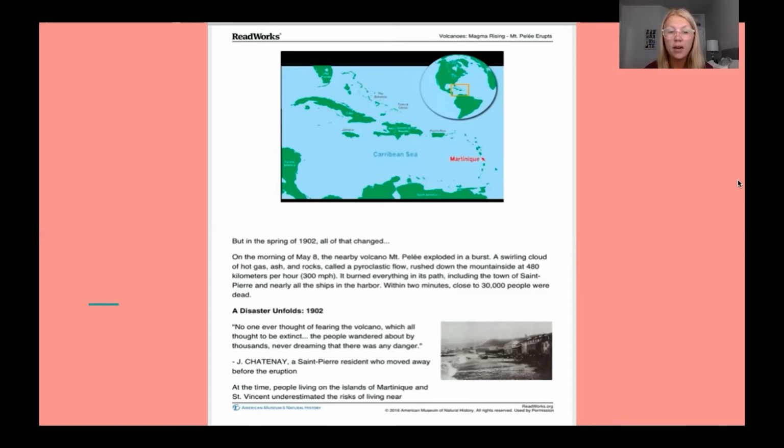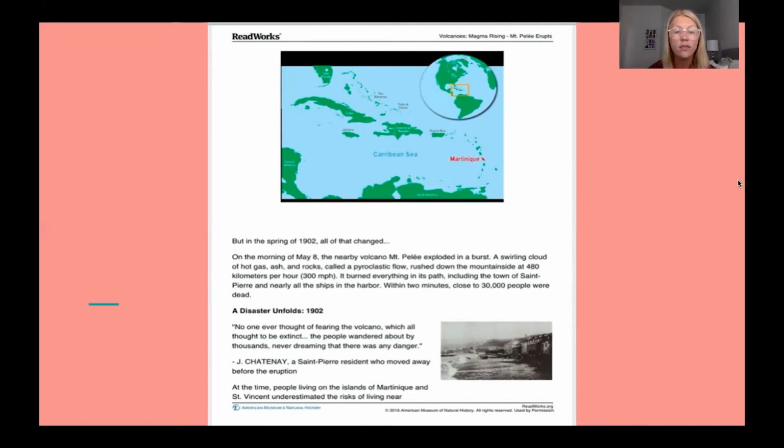A swirling cloud of hot gas, ash, and rocks, called a pyroclastic flow, rushed down the mountainside at 480 kilometers per hour, or 300 miles per hour. It burned everything in its path, including the town of St. Pierre, and nearly all the ships in the harbor. Within 2 minutes, close to 30,000 people were dead.